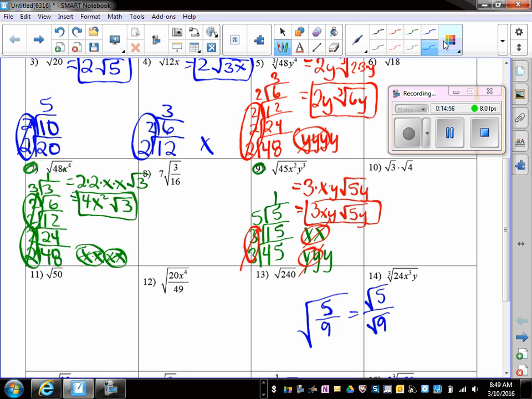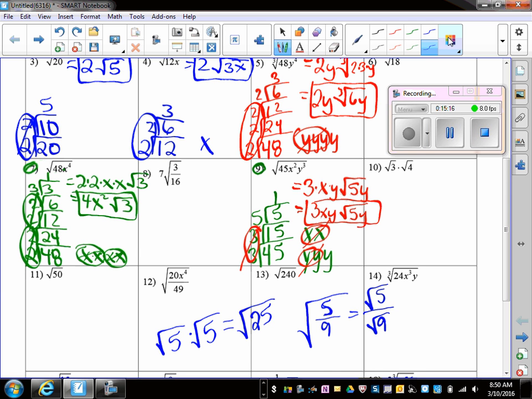Just like if I have square root of 5 times square root of 5, we can multiply it together to get square root of 25. In fact, this property right here is what we're doing every time we're simplifying square roots. We're going backwards with it.